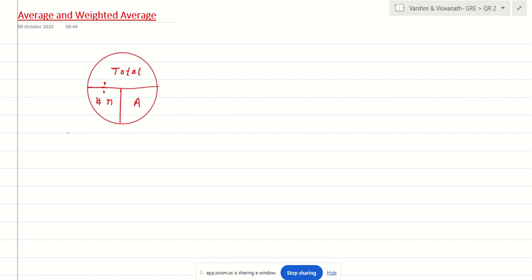This is the average. And how to find the number of terms? Total divided by average. How to find the total? The number of terms into the average.